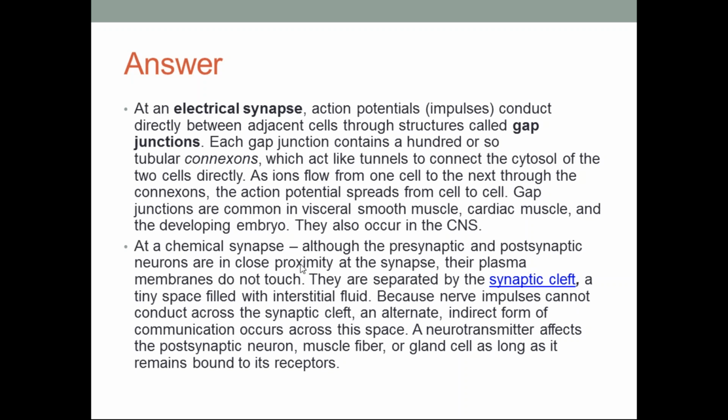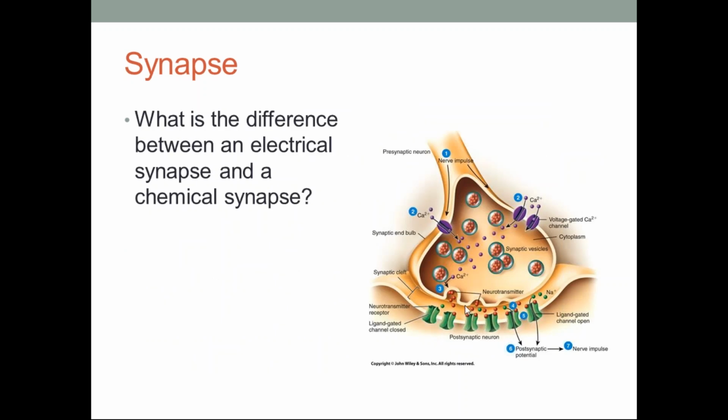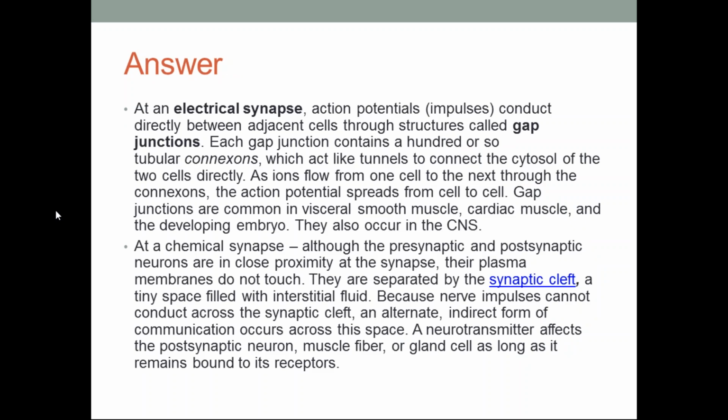Chemical synapses is where we spend most of our time now because it's the neurotransmitters that we're interested in. So although the presynaptic and postsynaptic neurons are in close proximity at their synapse, their plasma membranes don't touch. So as you can see, they don't touch there. There's a space between them. That's called the synaptic cleft.